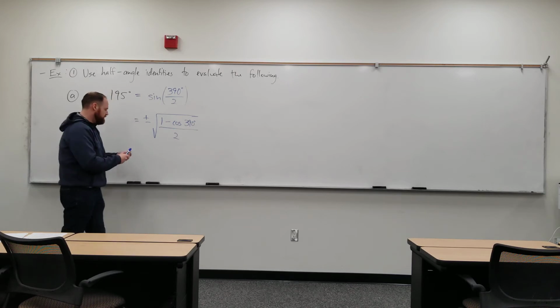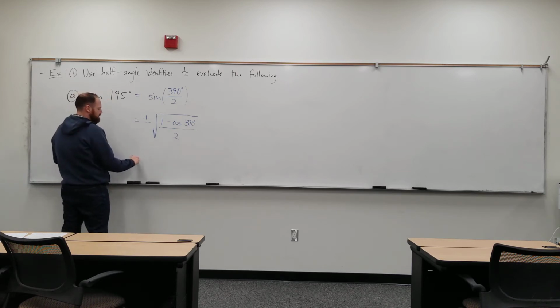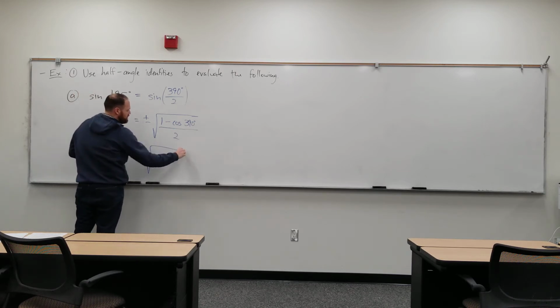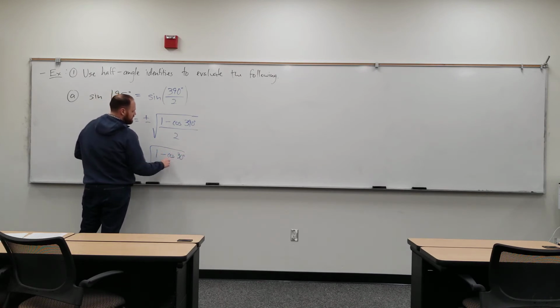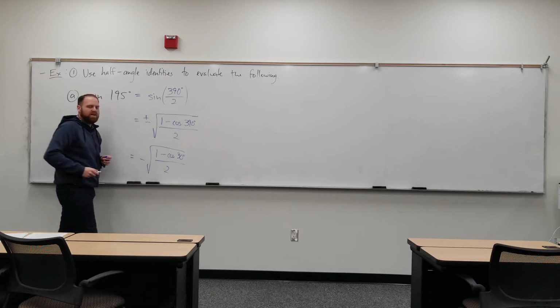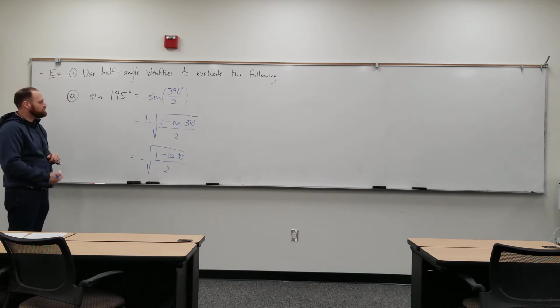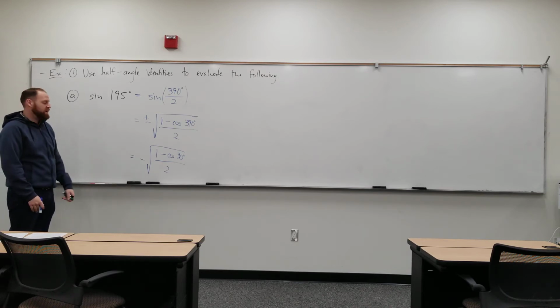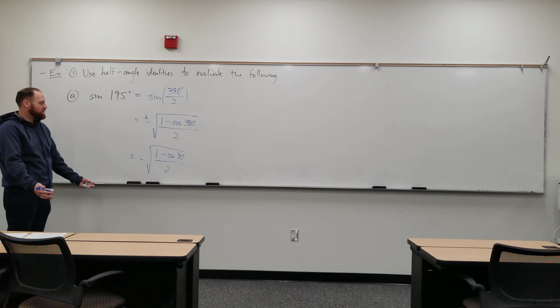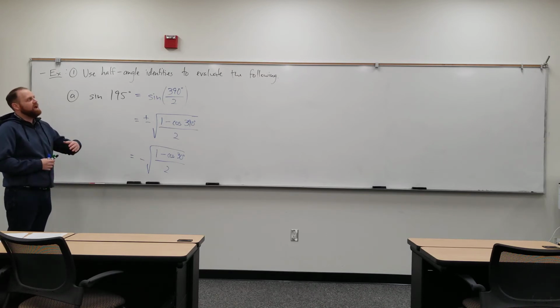So this is negative square root of 1 minus cosine 30 degrees, divided by 2. The rest is just history. Cosine 30 degrees should be root 3 over 2.